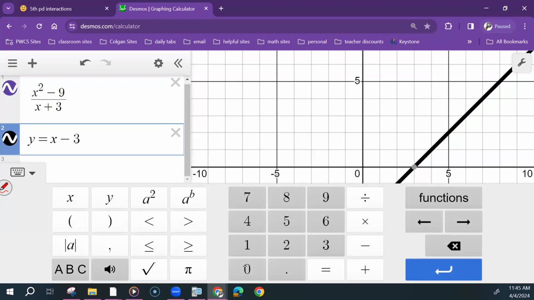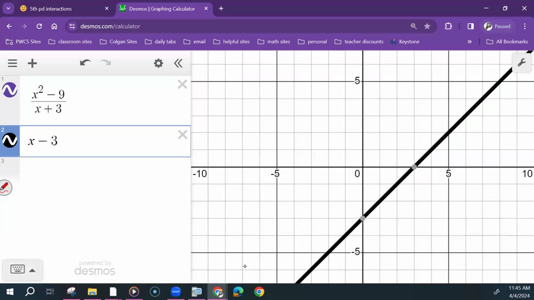I could also just take out the y equals. And I know that would be my answer because it overlaps. So while you're practicing, SOL practice, JLabs, Delta Math, be using these tricks for the dividing and for the factoring. Questions on that?